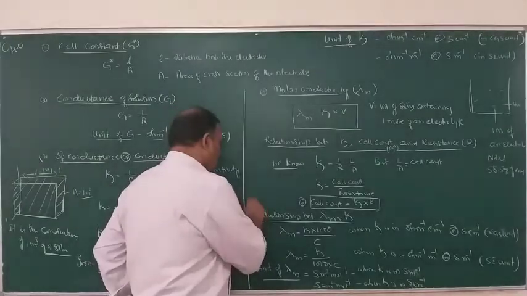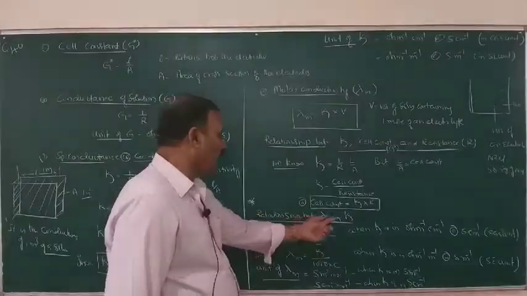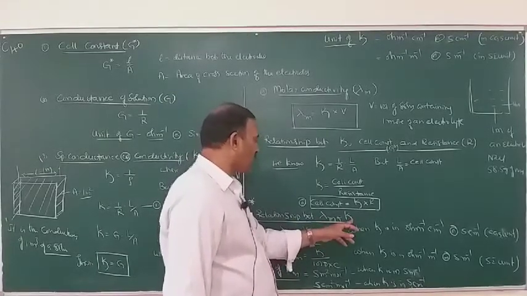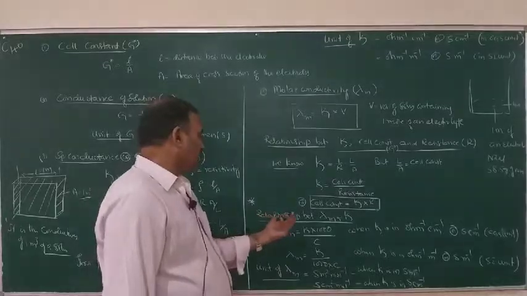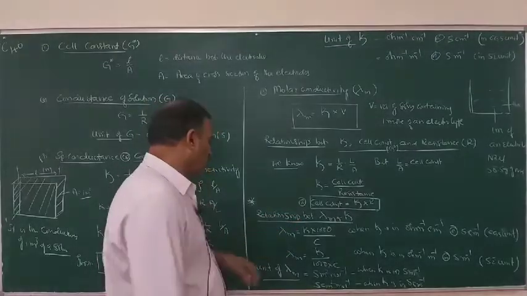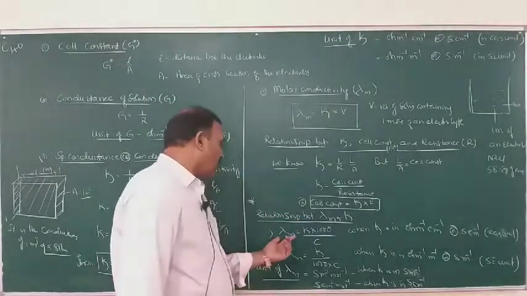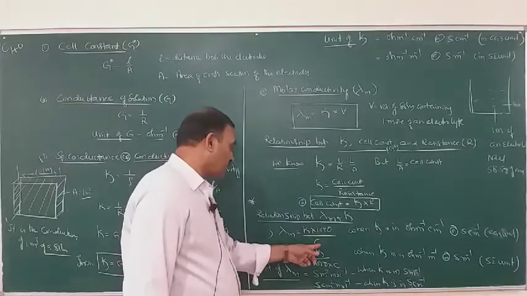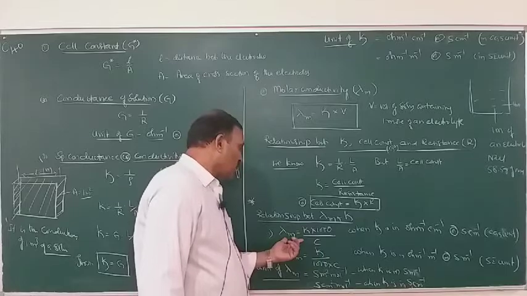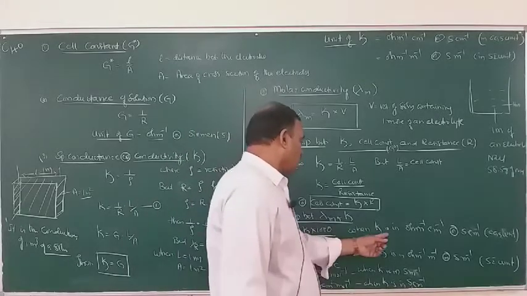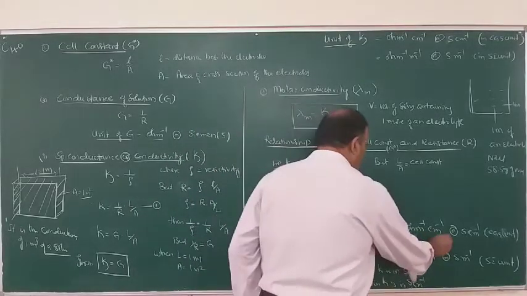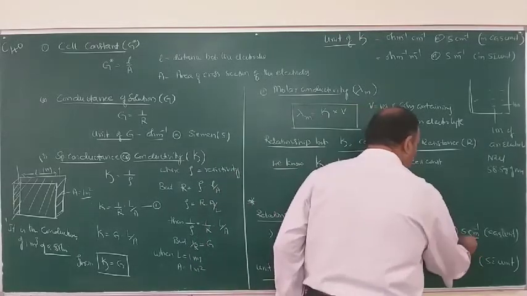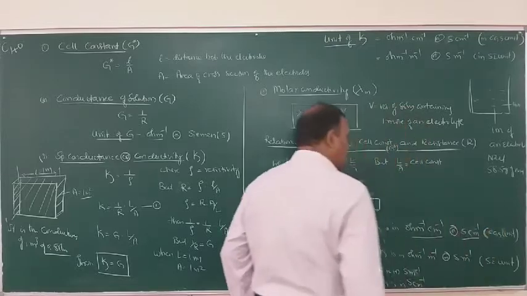What is the relationship between molar conductivity and conductivity or specific conductance? These two are related by the equation: molar conductivity lambda m is equal to kappa into 1000 divided by C. You have to use this equation when kappa is in ohm minus 1 centimeter minus 1, or Siemens centimeter minus 1, in CGS unit.